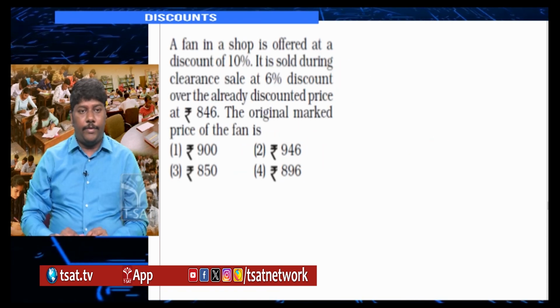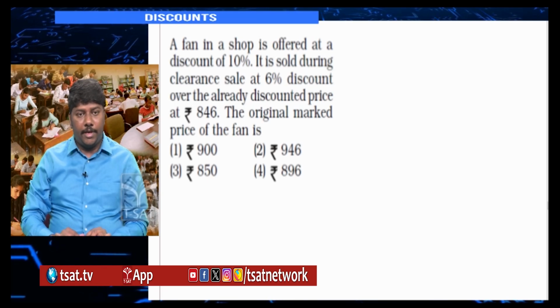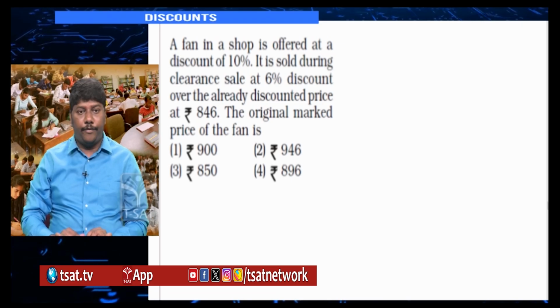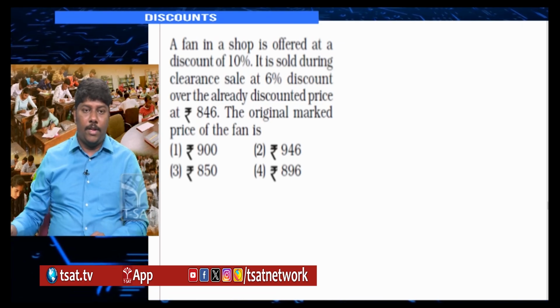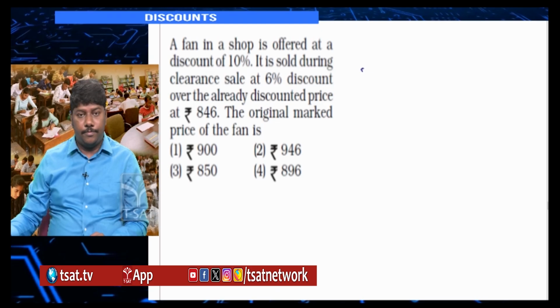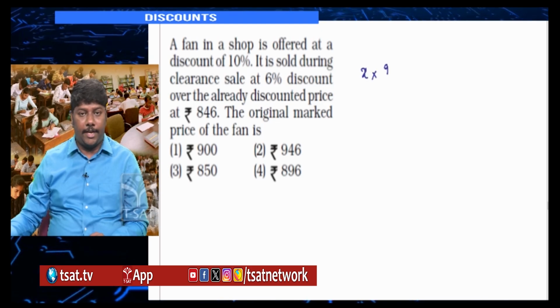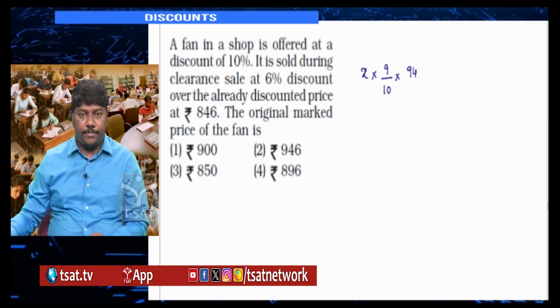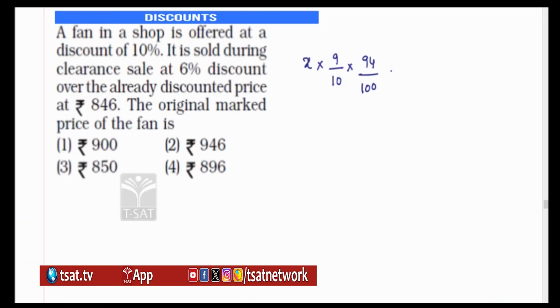A fan in the shop is offered at a discount of 10%. It is sold during a clearance sale at 6% discount over the already discounted price, at rupees 846. The original marked price of the fan? Let the marked price of the fan be X. First we are giving a discount of 10%, which is 9/10. Again we are giving a discount of 6%, which is 94/100, is equal to 846. 8 plus 4 plus 6 is divisible by 9, therefore divide it in the 9 table. 9 9s are 81, 3, therefore 4s are.